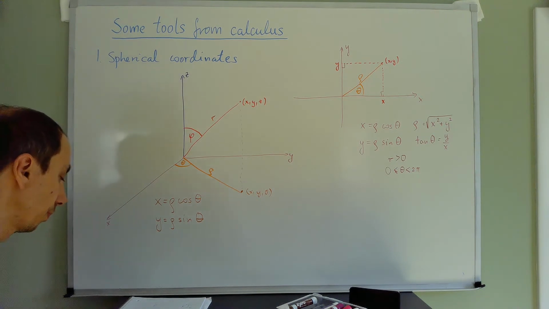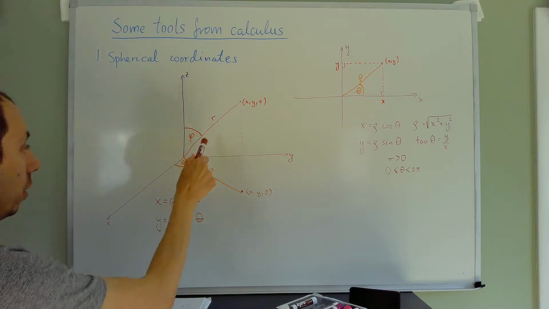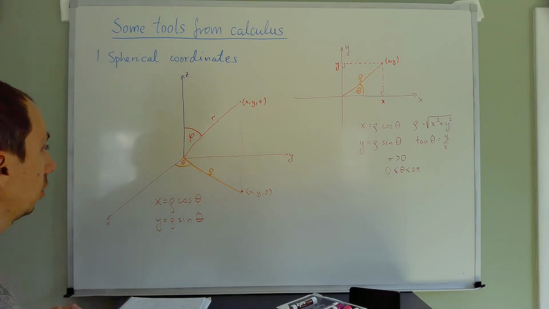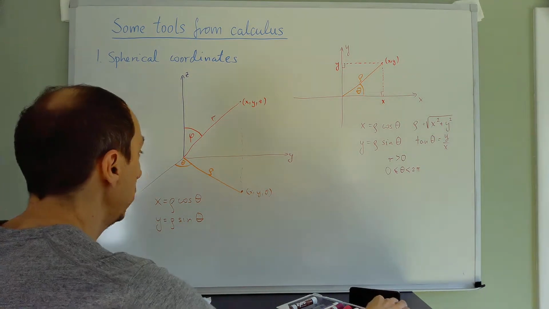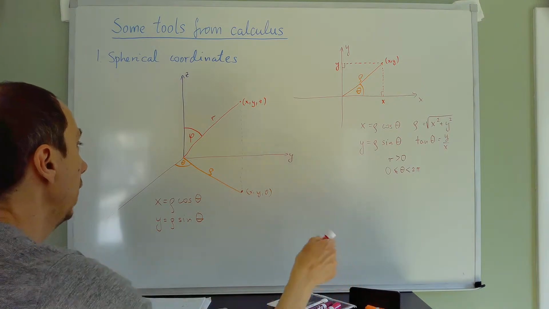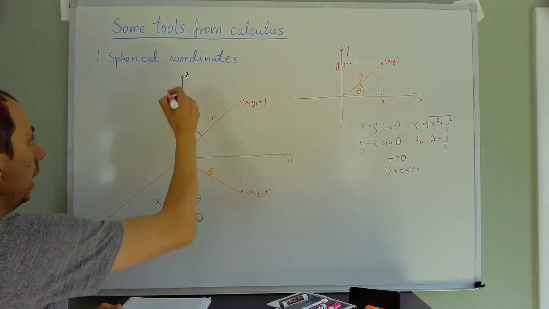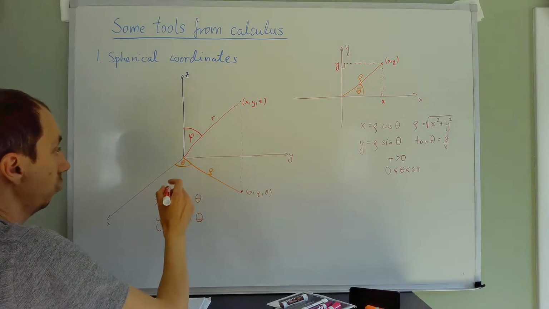So now, I want it, of course, in terms of r, theta, and phi, not in terms of rho. So I need to know how to express rho in terms of the other data. But note that the angle between the z-axis and this ray rho is a right angle.